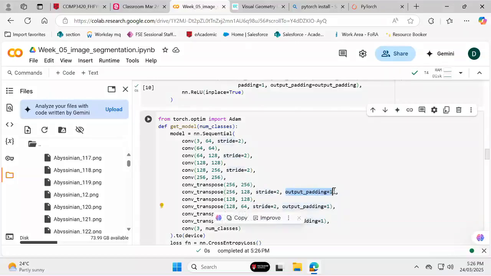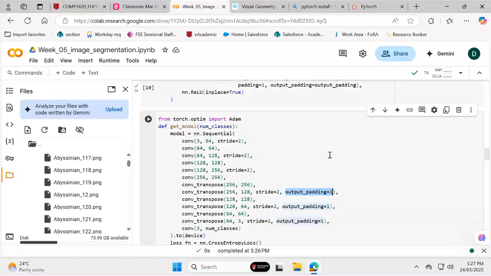And then sometimes you need to add some extra padding, which they call output padding. When you apply convolutions and the number of rows and columns is not divisible by whatever is used by the convolution, then the feature space is a particular size, and when you apply the deconvolution, it will not go back to the original image size, because the original image was not divisible by the original value.